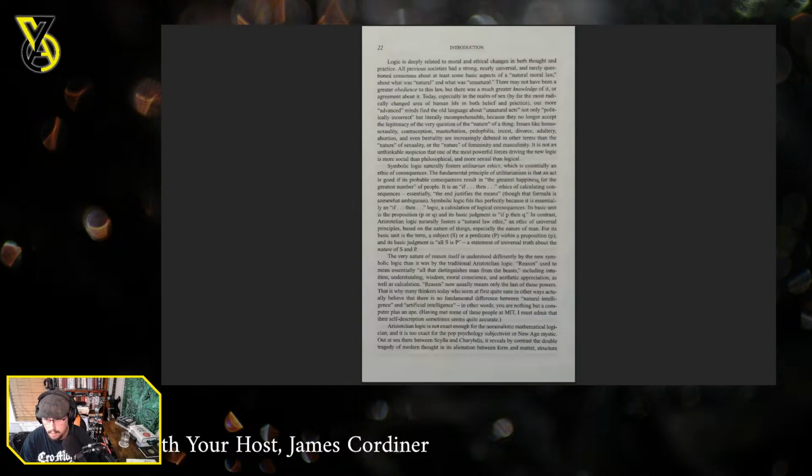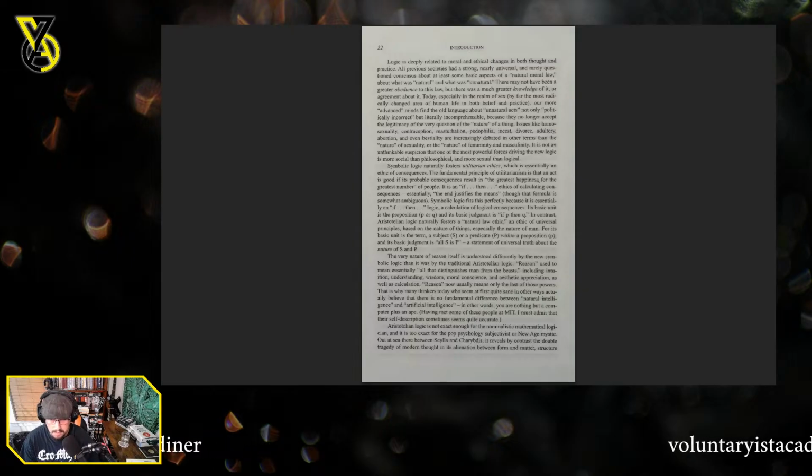In contrast, Aristotelian logic naturally fosters a natural law ethic, an ethic of universal principles based on the nature of things, especially the nature of man. For its basic unit is the term, a subject, S, or a predicate, P, within a proposition.